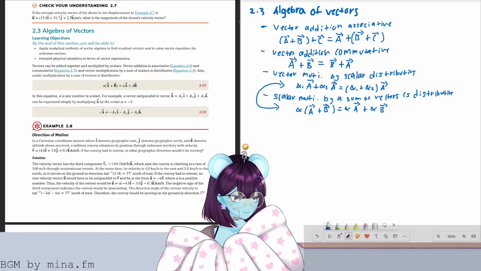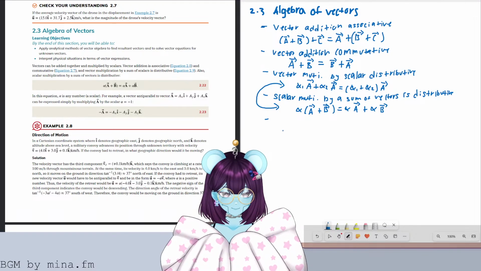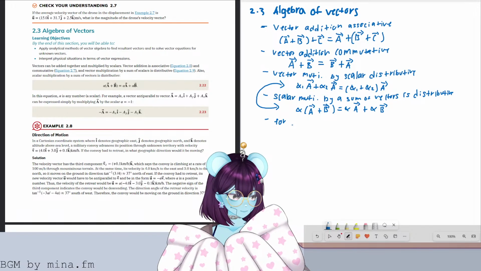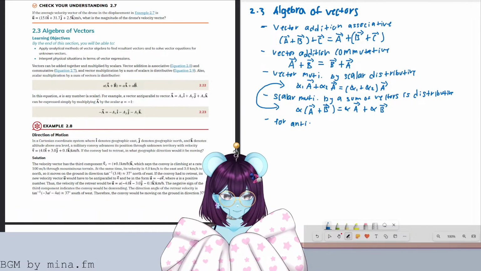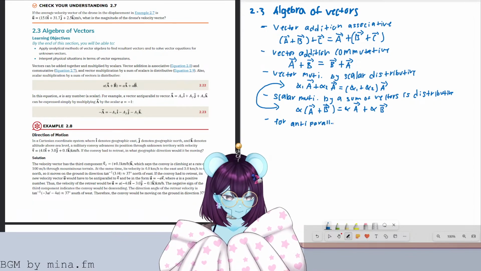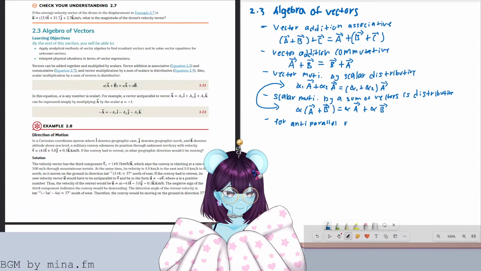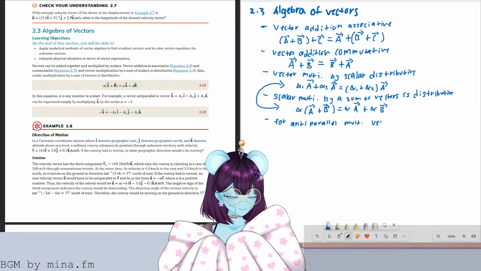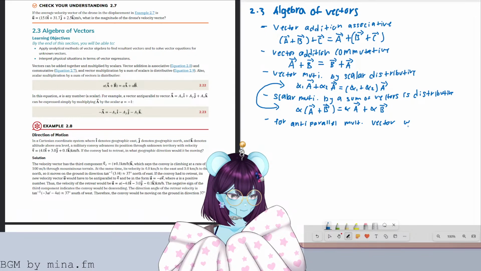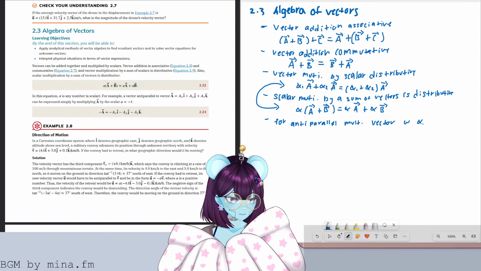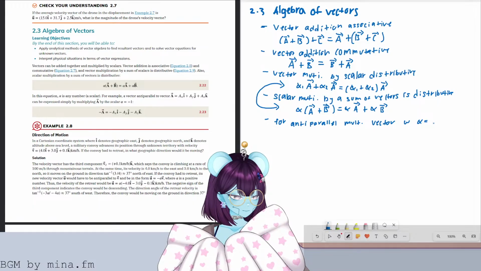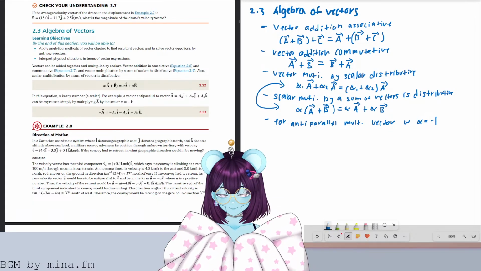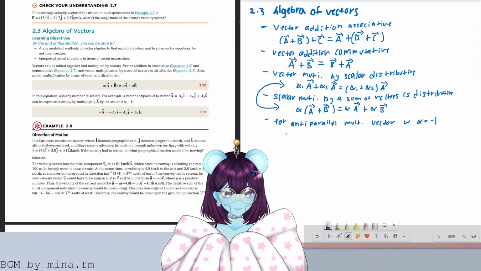So we can write that. For anti-parallel, multiply vector with, we'll just have that as the scalar symbol since this book seems to be using that a lot, scalar -1. Then we get this.